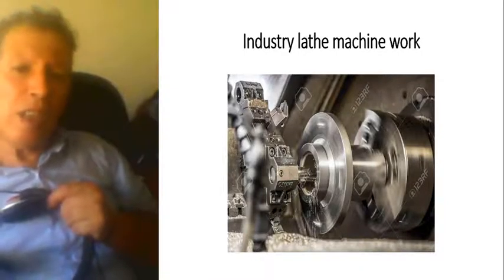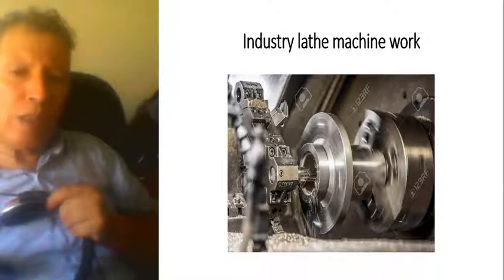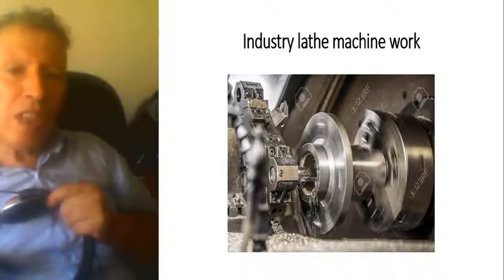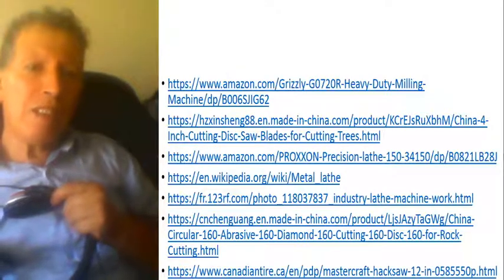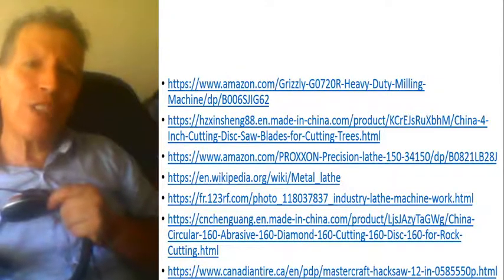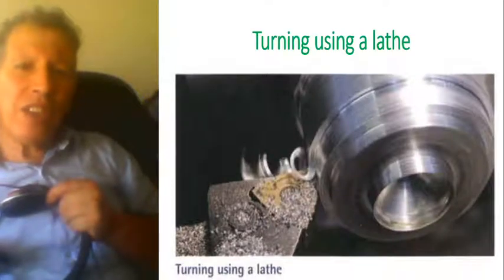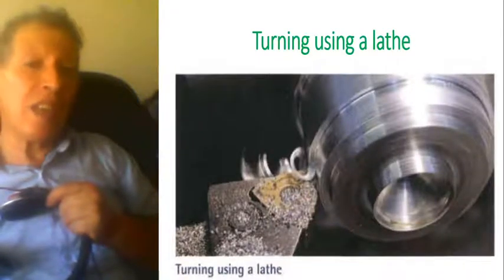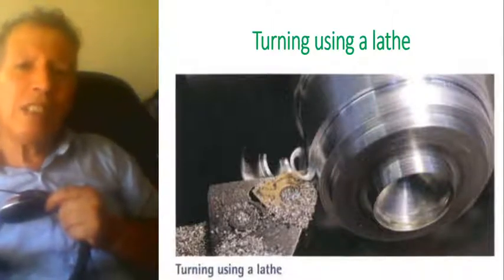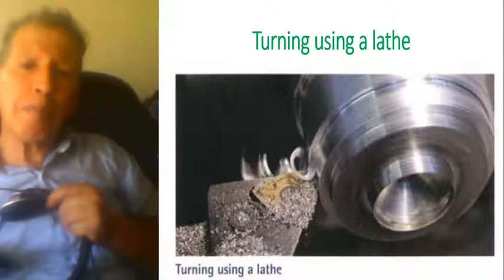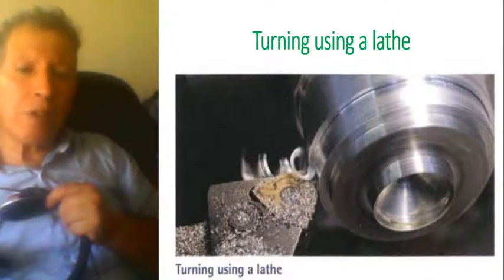As you can see, the workpiece is circular and it turns, and the cutting bit is fixed. These are sources for the pictures that I found on the internet. Turning using a lathe, as you can see, it's the same process as before. As you can see, the chips are cut from the metal to shape the object to the right measurements.